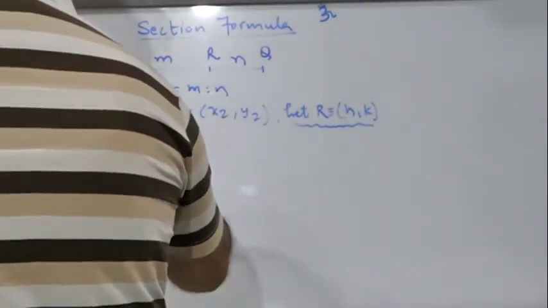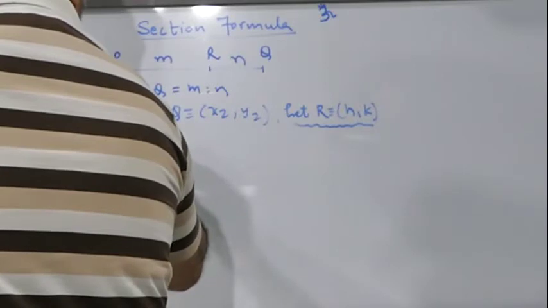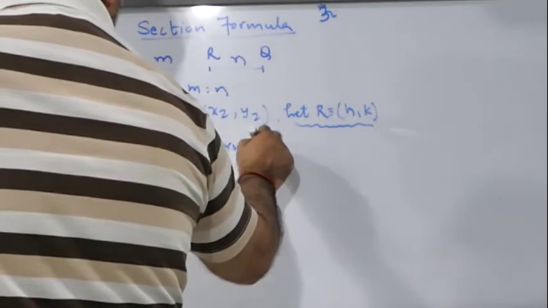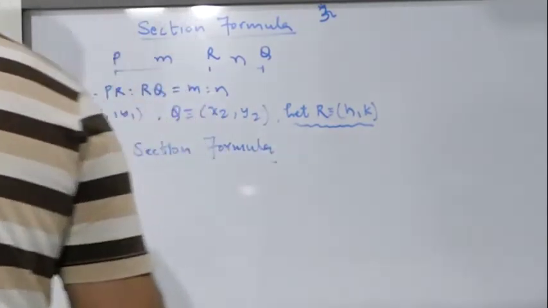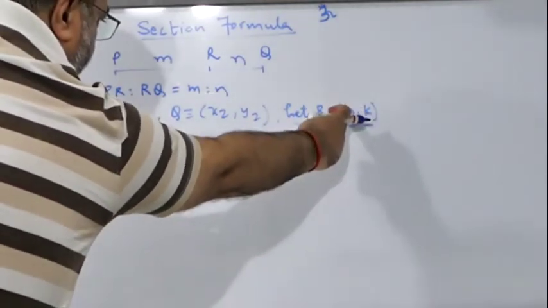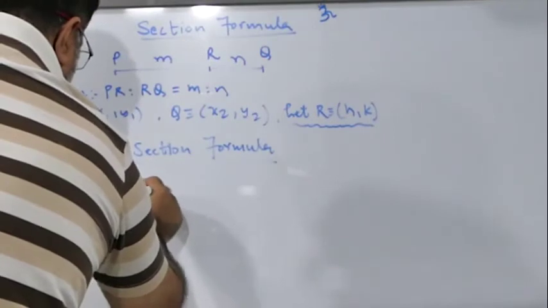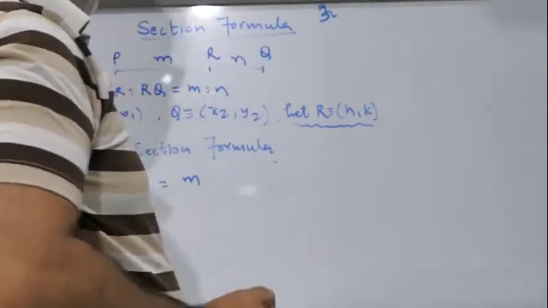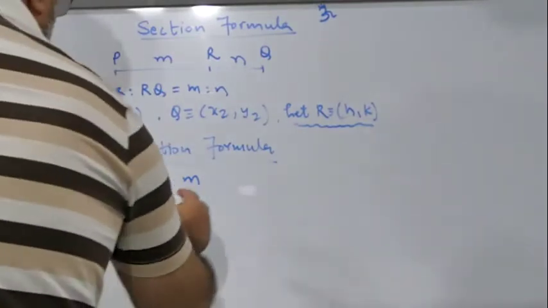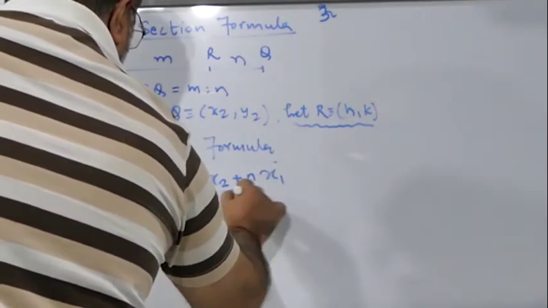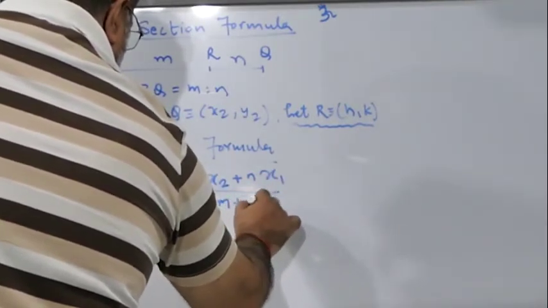The formula says by section formula, we can say, y coordinate k and x coordinate h, so we will say h is equal to m into x2 plus n into x1 upon m plus n.